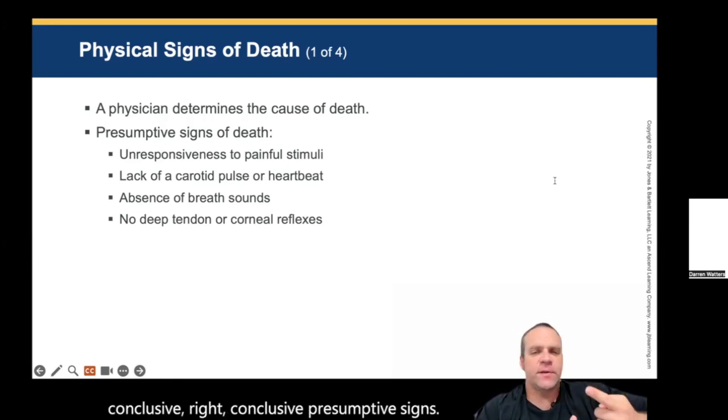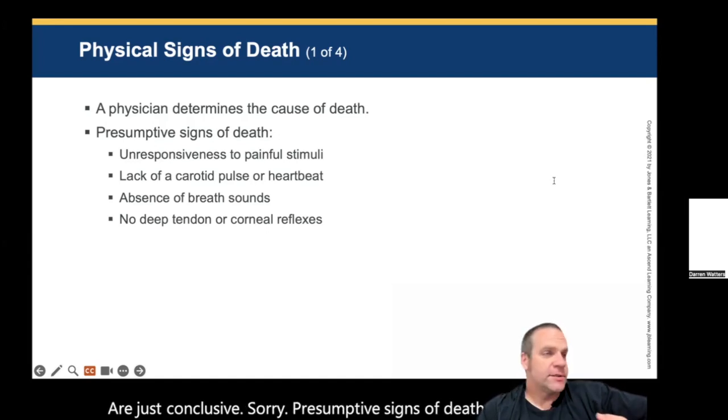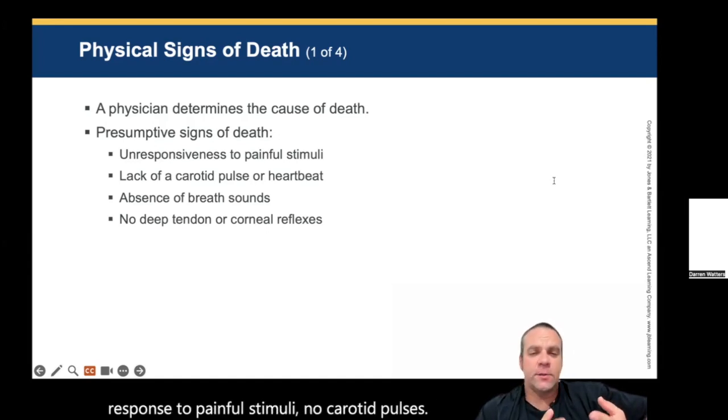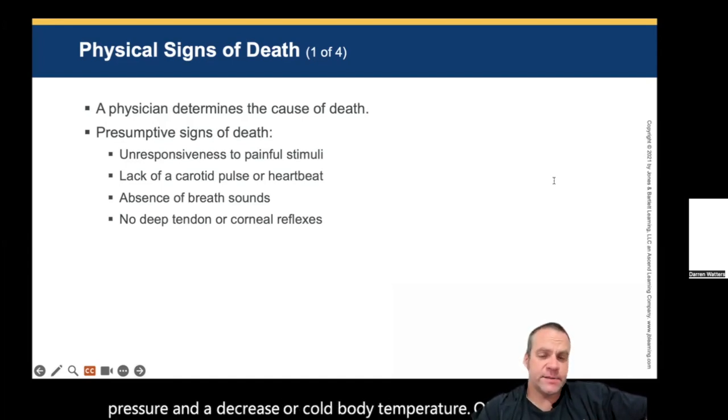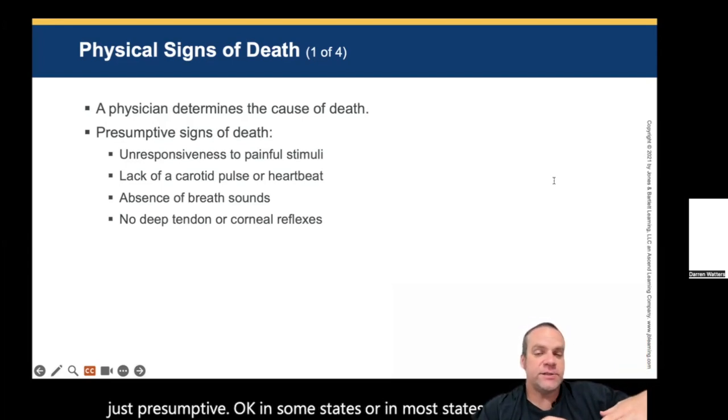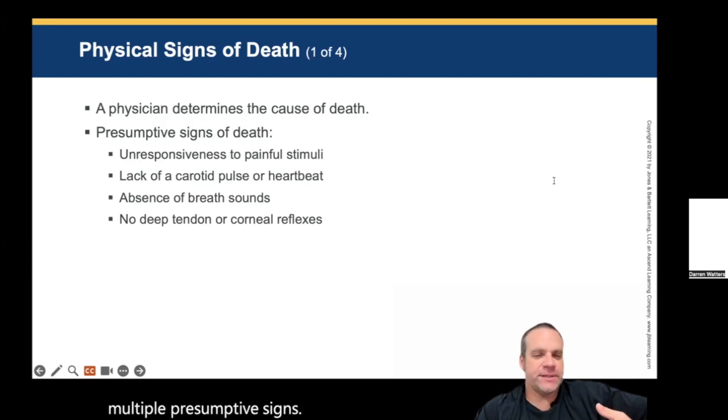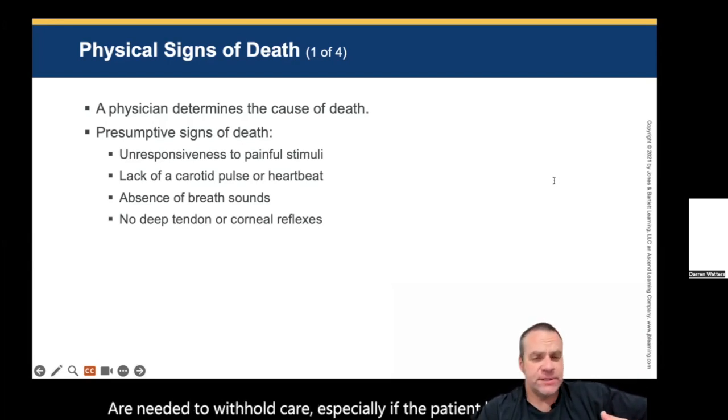Presumptive signs of death include no response to painful stimuli, no carotid pulses, no chest rise and fall, no deep tendon or eye reflexes, profound cyanosis, pupils that are fixed and non-reactive, no systolic blood pressure, and a decreased or cold body temperature. Those are just presumptive. In most states, multiple presumptive signs are needed to withhold care, especially if the patient has not been under any physician supervision or is found unexpectedly.